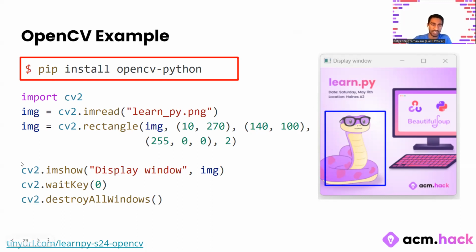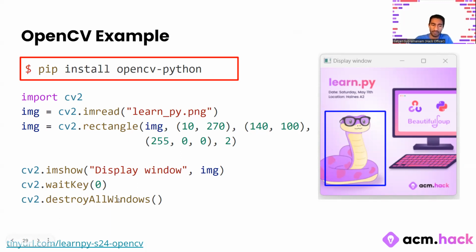And then finally, we have this image show function that's telling OpenCV to create that window. We can see it has the name display window, which is in the top right. And then we're passing in the image to use. Then we call the wait key function, which tells OpenCV to wait a particular number of milliseconds, or if this is 0, it'll wait until a key is pressed.